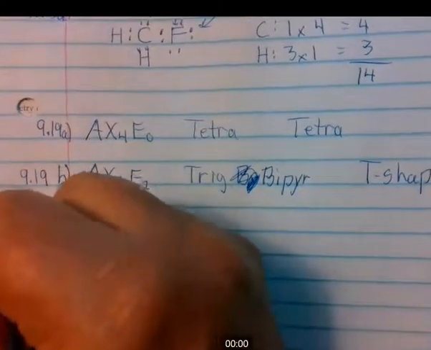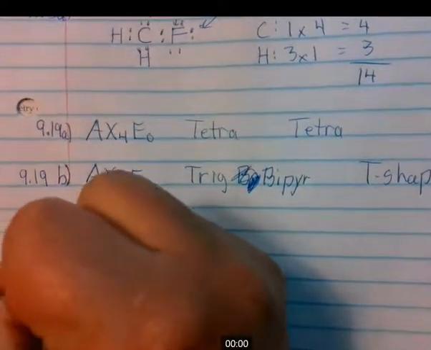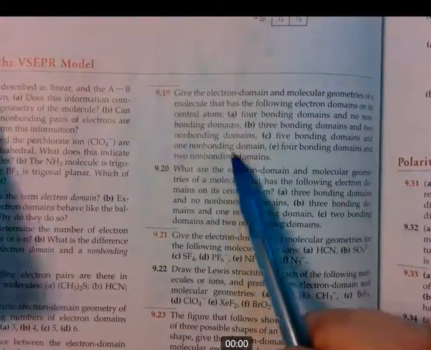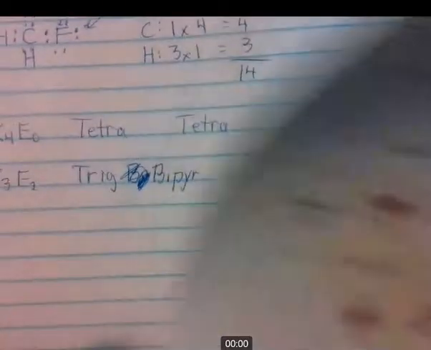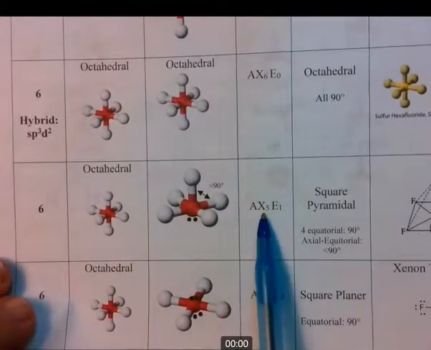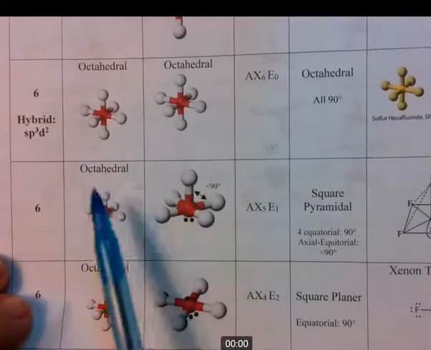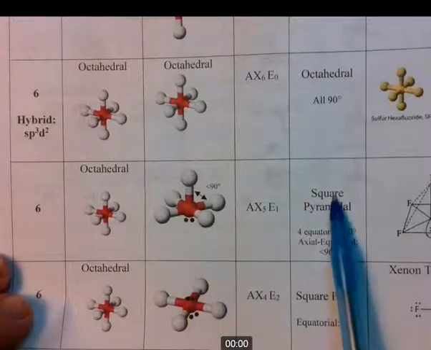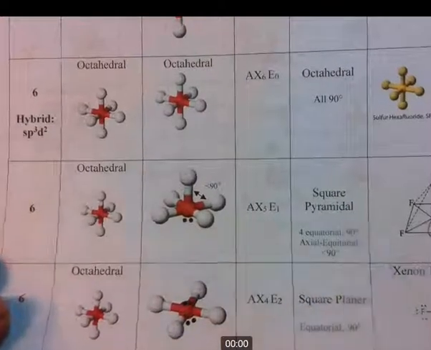Okay, now to C. And C is 5 bonding and 1 non-bonding. So you come over here, there it is right there. It's part of the octahedral family, but it's lost one of the atoms, so there's a lone pair there. So the actual shape is square pyramidal.